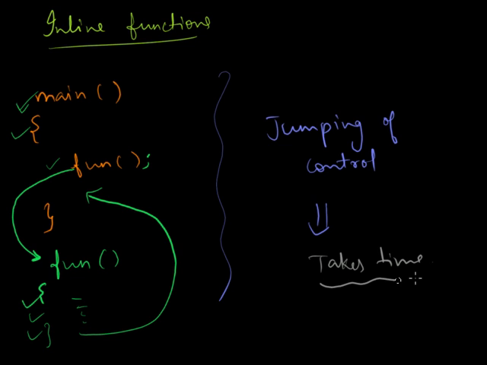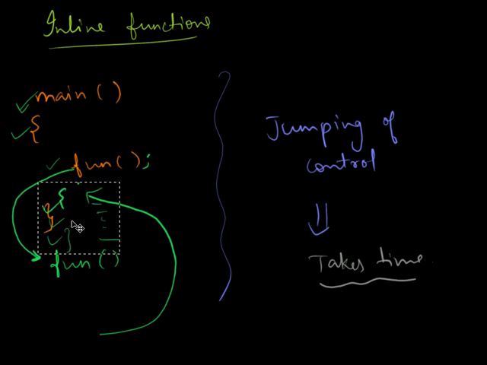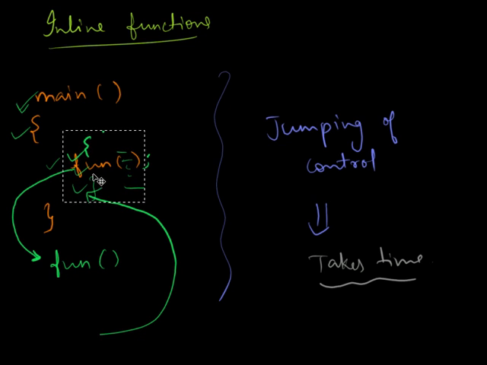Now what happens when you declare a function as inline is that whenever the compiler sees a function call, it actually replaces that function call with the body of the function. It directly replaces your function call with the body of your function. The call is replaced by the body.